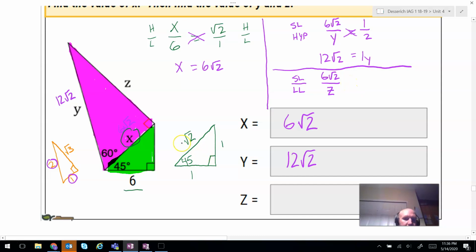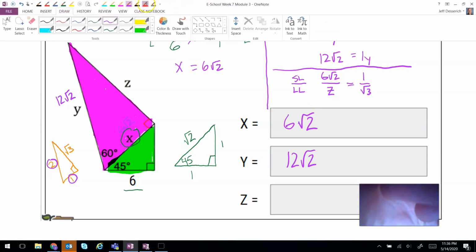Then we have to do the same thing. We have to use our Thelma here. Her short leg was 1. Her long leg is the square root of 3. So now we'll cross multiply.